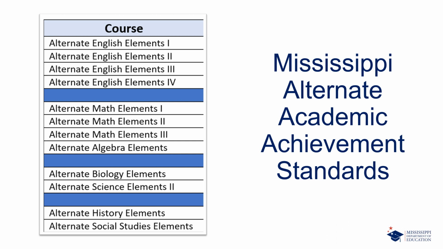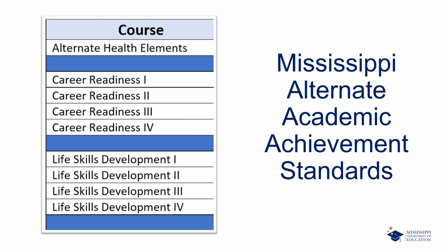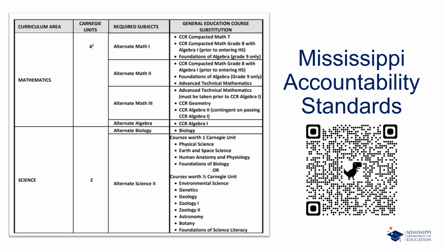If you need to pause the video, go ahead. In addition to the previous courses you saw, these are also required with the alternate diploma, along with 1 art and 2 electives.